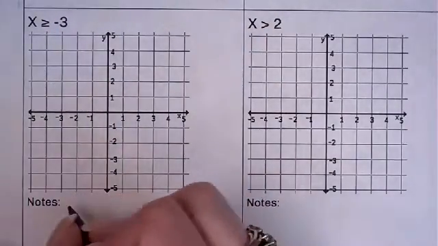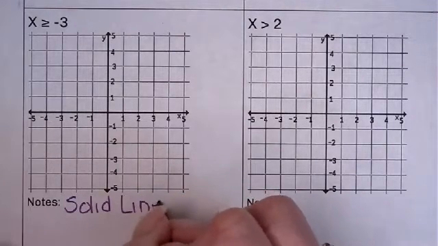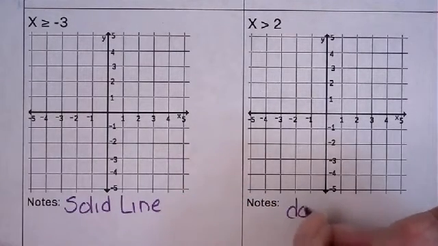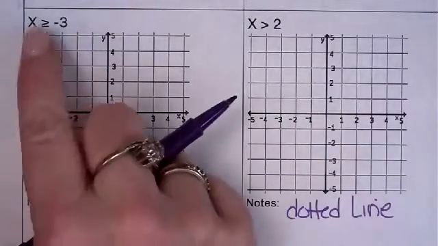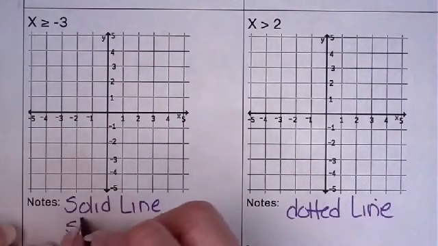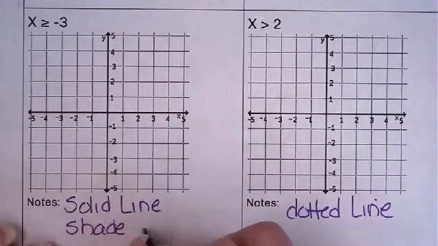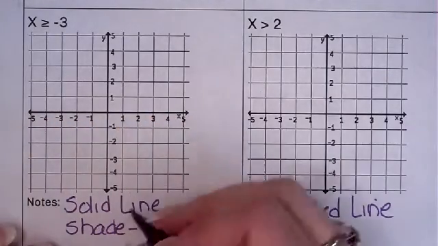That means this one's going to have a solid line. This one's going to have a dotted line. Okay. Now, if it's greater than, we're actually going to shade to the right. Because think about this, on the x-axis to go greater than, you got to go to the right.